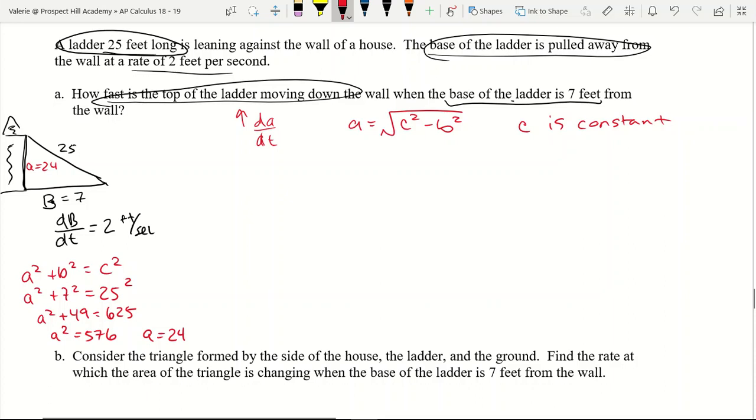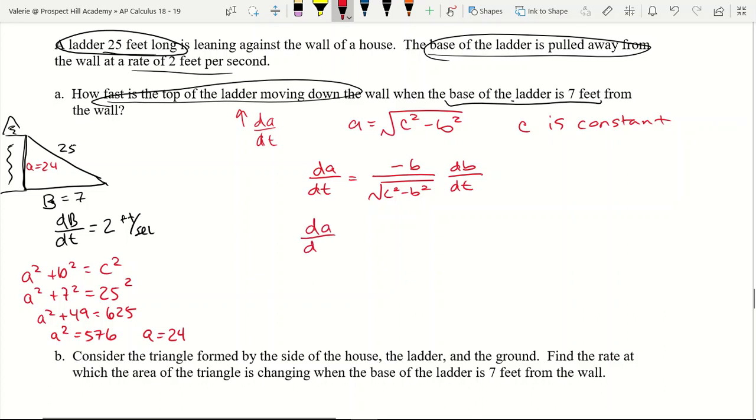So knowing what we know, we're now going to differentiate this equation. The derivative, dA/dt, is equal to negative b over the square root of c squared minus b squared, times dB/dt. dA/dt is what we're looking for. We know that b is 7.